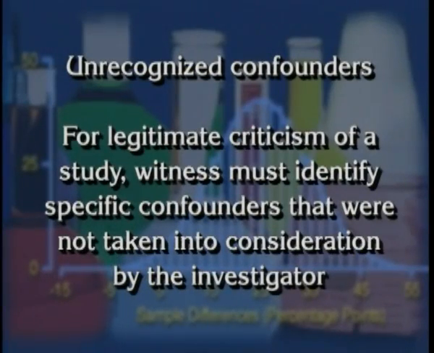All we can expect is that confounders will be taken into account if they appear to be likely to be relevant in the given situation. And so the second statement is much too general to be worth very much. The person who wants to make that criticism has to say what are the specific confounders that could have affected the relationship that were not taken into consideration by the investigator.